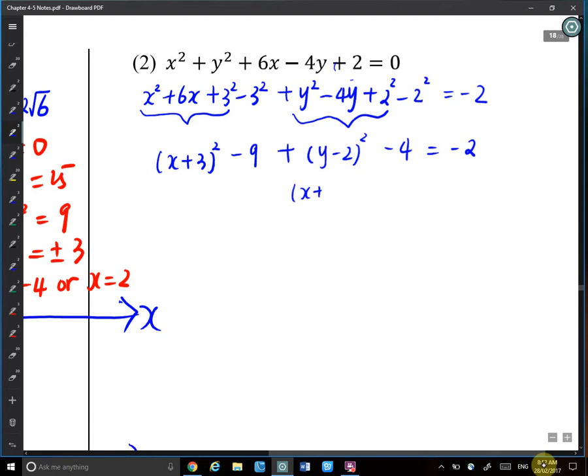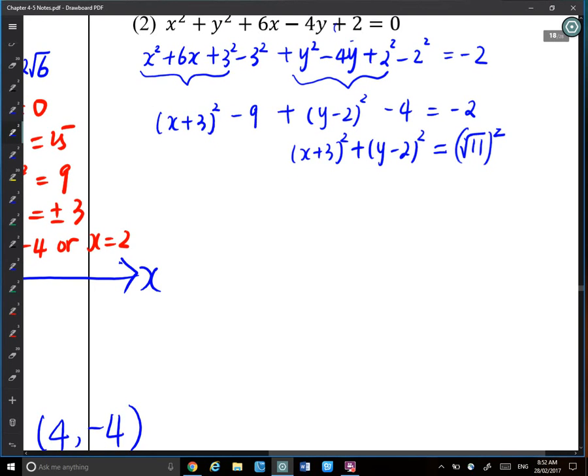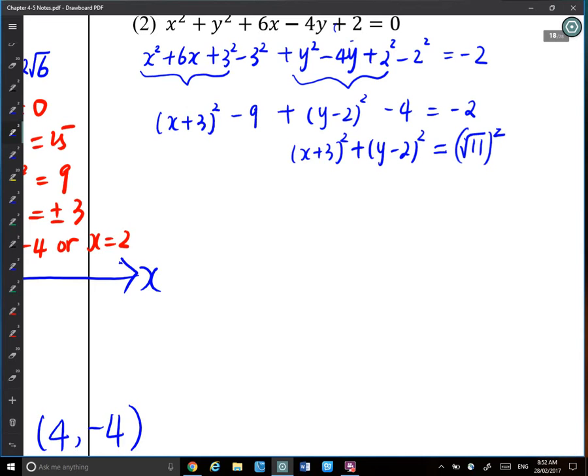We have x plus 3 squared plus y minus 2 squared equals 9 plus 4 is 13, 13 minus 2 is 11. But I don't want 11, I want square root 11 squared. The constant must be in square form to show you the radius.